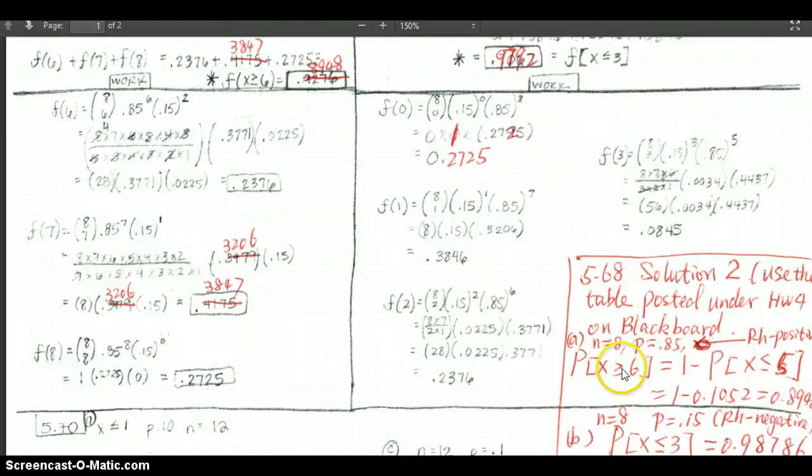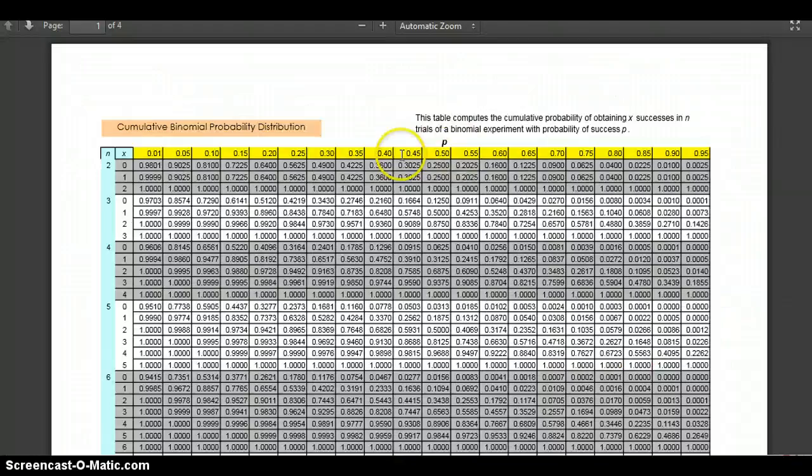So the probability of at least 6 is equal to 1 minus the probability of at most 5. And for at most 5 successes, we can use the table. Always remember, the table only works for at most some number.